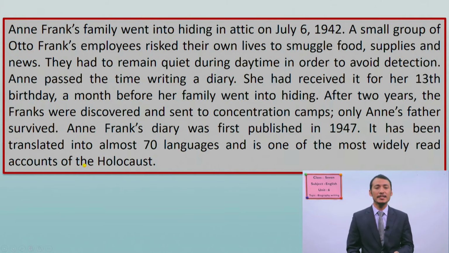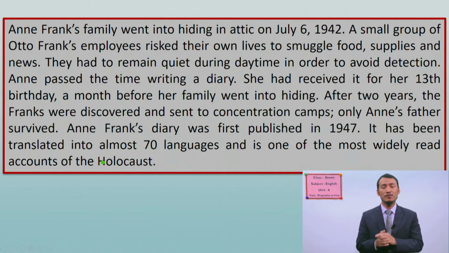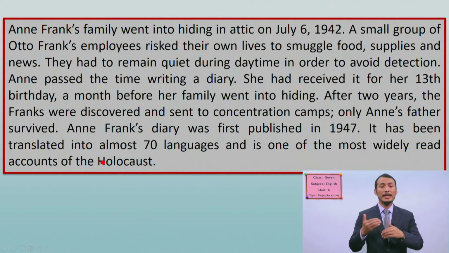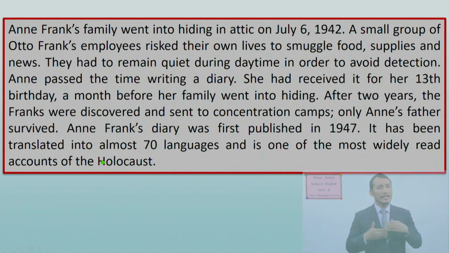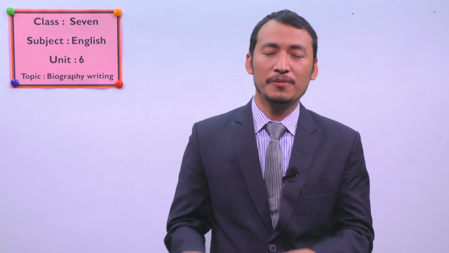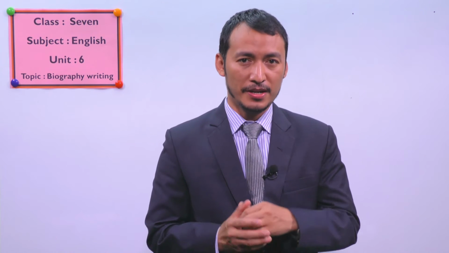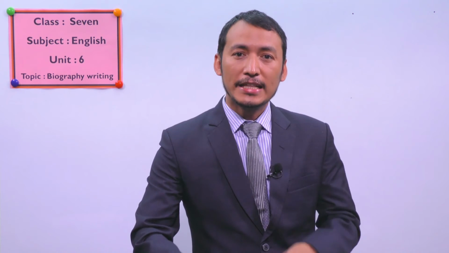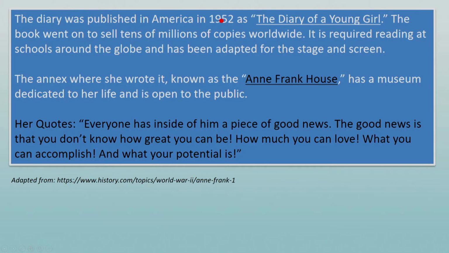It has been translated into almost 70 languages and is one of the most widely read accounts of the Holocaust, that disaster, that war, which was described by her diary. It was very popular, one of the popular books around the world. Okay, this is the information about Anne Frank.